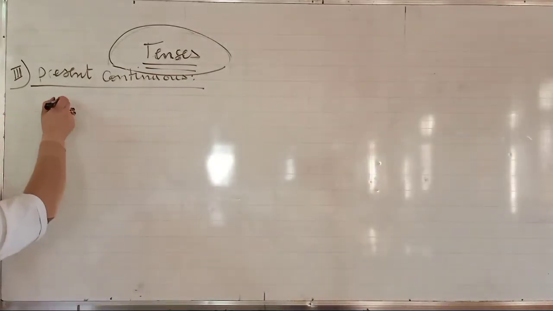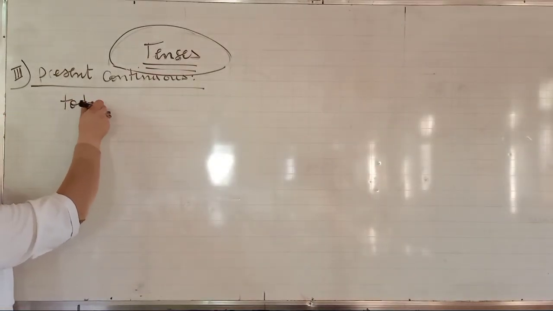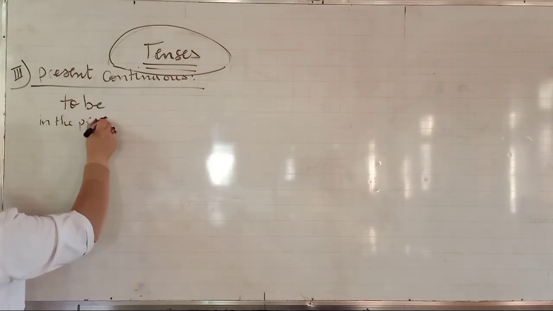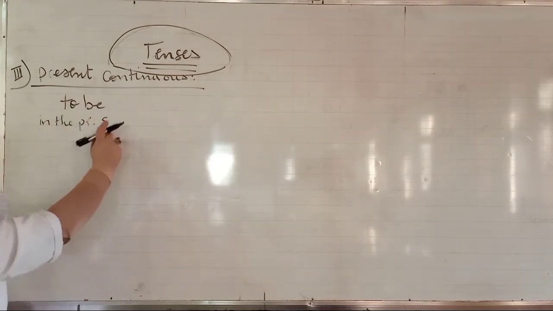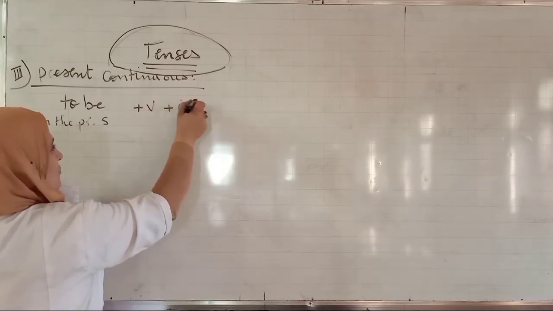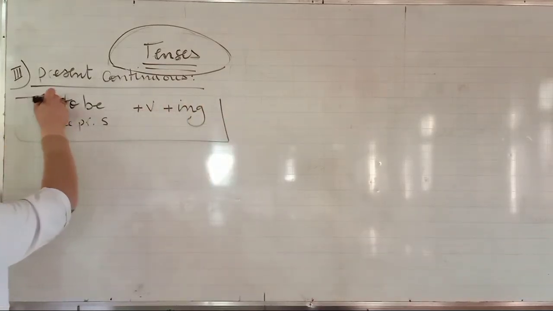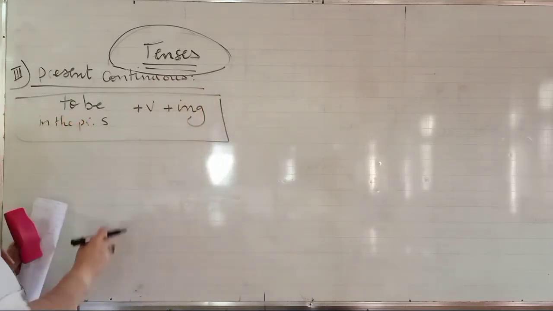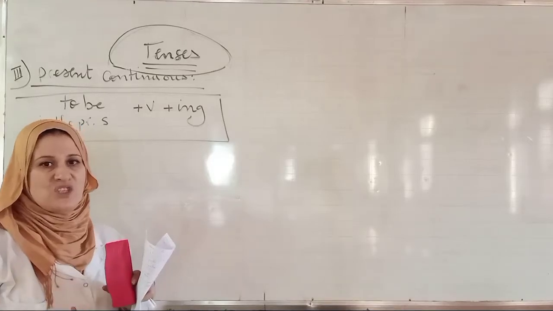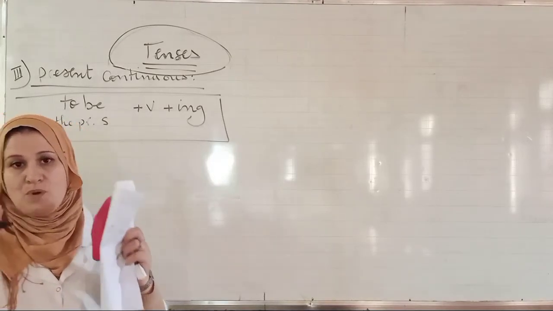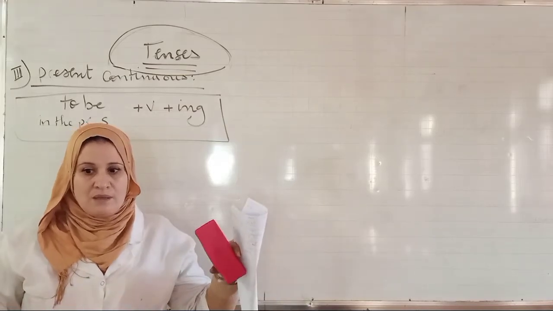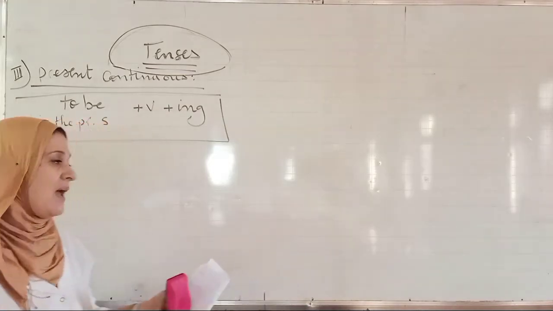So here I use the auxiliary to be in the present simple, plus verb plus ing form. The progressive or continuous tense is known for its progressive action, which means the action at the moment I'm talking is not yet finished. It is taking time, okay?